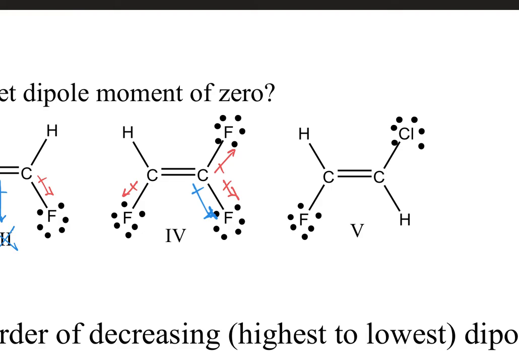Now, for the last one, you have chlorine that has an electronegativity of 3.16. And I'm not going to worry about the carbons, but 3.98 for fluorine. So let me show you this. I could do the thickness and the length representing the dipole moment for the fluorine versus the same thing for the chlorine. It'll be shorter and thinner.